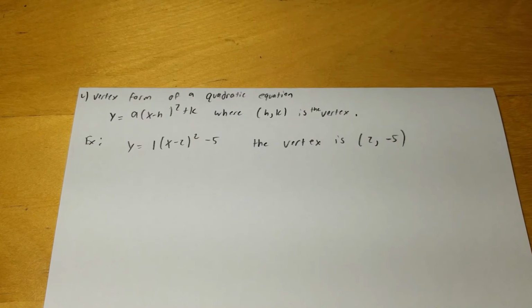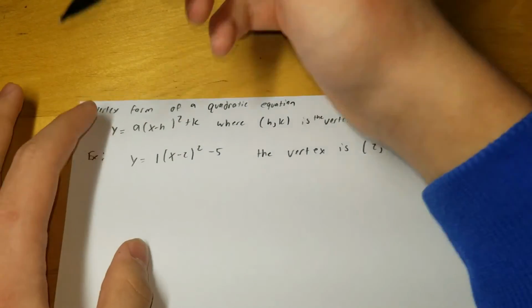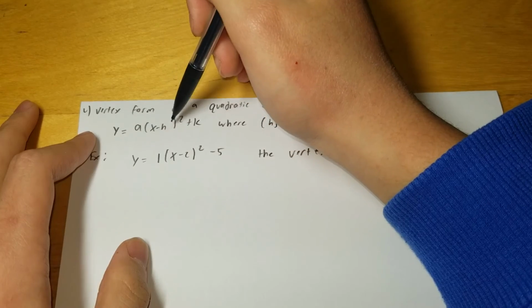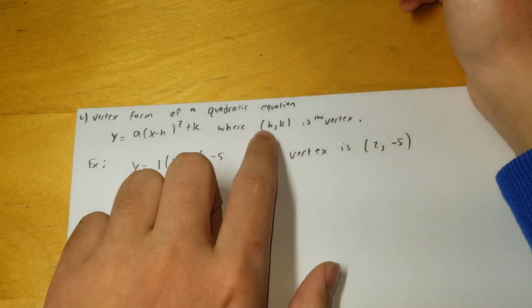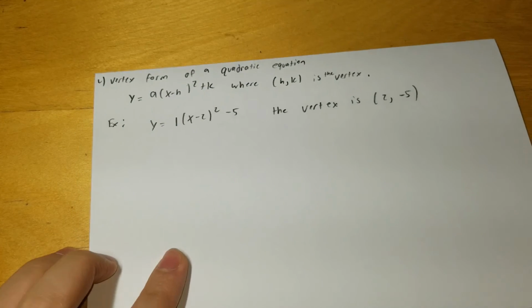This is the vertex form of a quadratic equation. So the basic vertex form formula would be y equals a times x minus h squared plus k, where (h, k) is the vertex. So let's try an example right here.